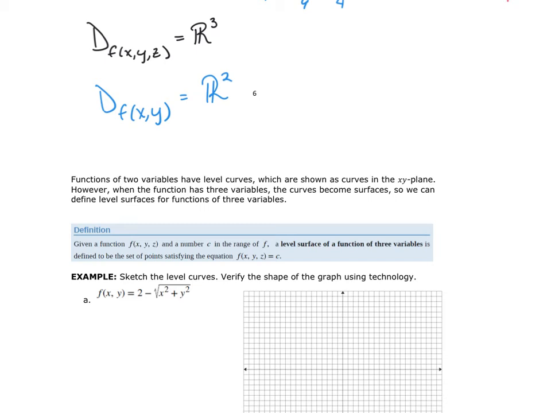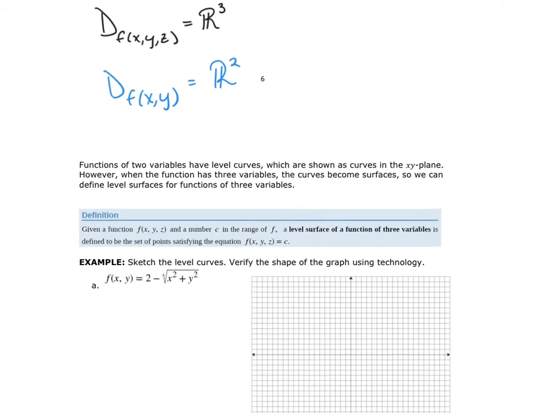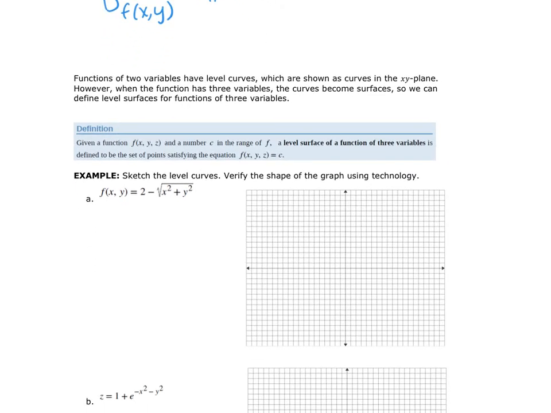So given a function f of x, y, and z, the number c is in the range of f, then remember this is the output that I'm choosing, the level surface of a function of 3 variables is defined as the set of points satisfying this equation. So even though this doesn't seem like it's in 3 variables, it really is. So this is z is equal to 2 minus the square root of x squared plus y squared.